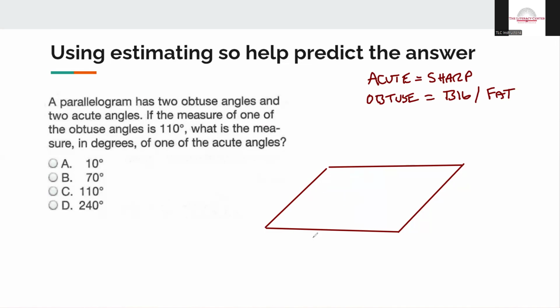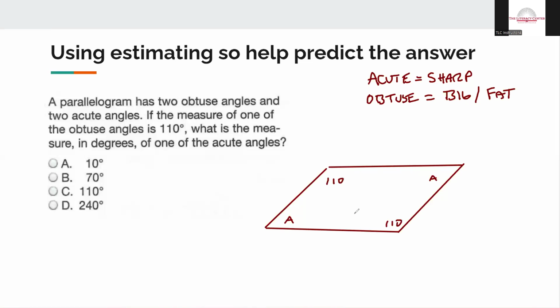And my parallelogram isn't perfect there, but hopefully you get the idea. So we have two obtuse angles here, and we have two acute angles, two sharper angles, and that will always happen with a parallelogram. So the obtuse angles are 110, and we know that those are the same.